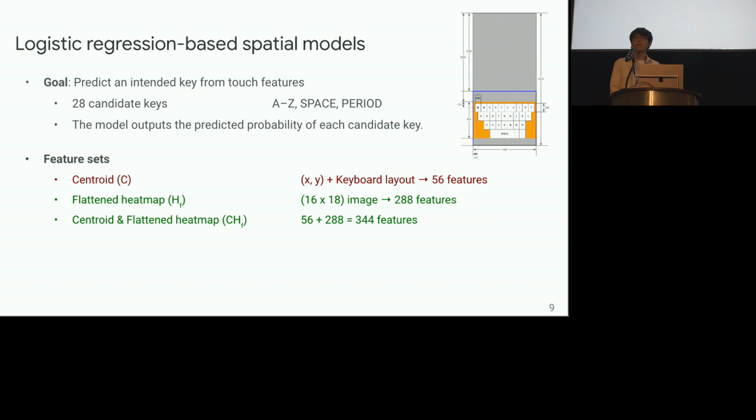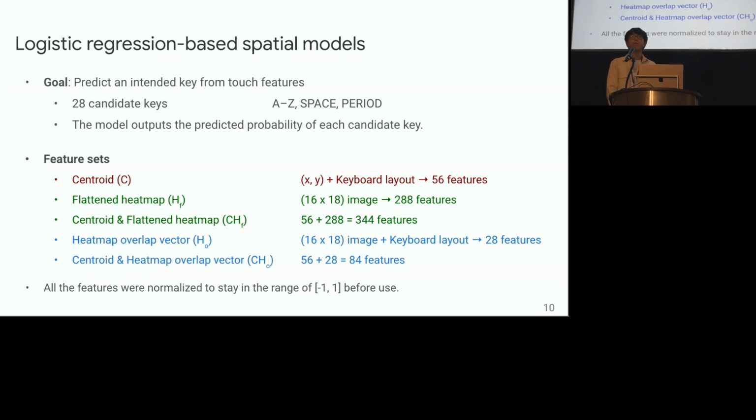As a result, we have 56 features. For the heat map, we use a Pixel 6 Pro device, which has 39 times 18 heat map cells. But because we work on keyboard decoding, we can focus only on the bottom 16 rows of this heat map image. Therefore, we have 16 times 18, which is 288 features in total, and we can use a combination of these two.